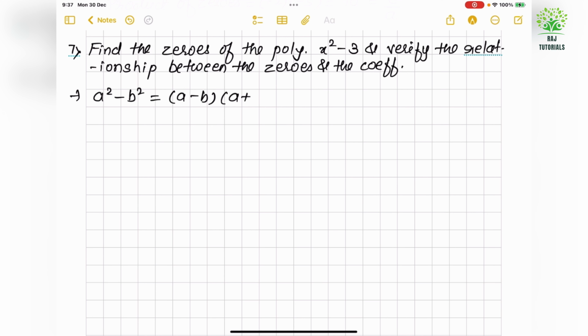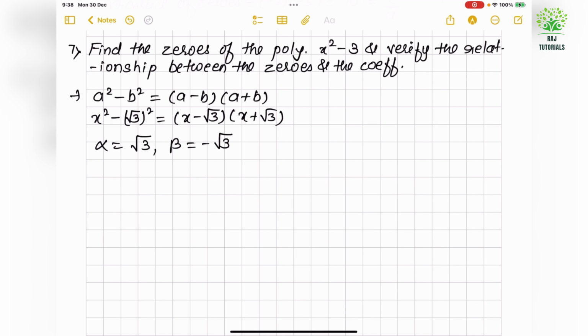The same way, if I do x square minus root 3 whole square, that will be x minus root 3 and x plus root 3. So alpha will be equal to root 3 and beta will be equal to minus root 3. So the sum of roots will be alpha plus beta, which is equal to root 3 plus minus root 3.